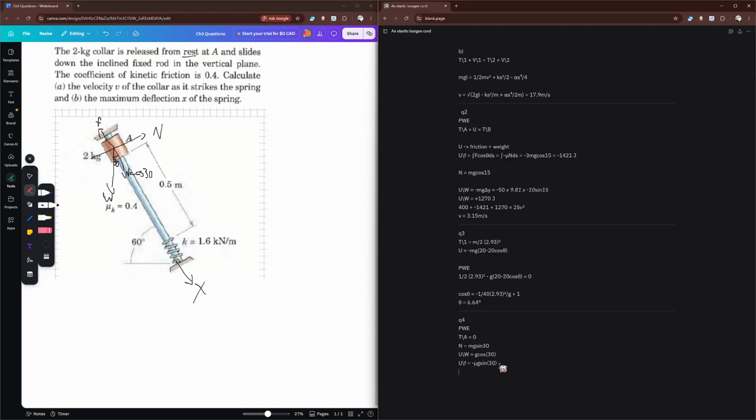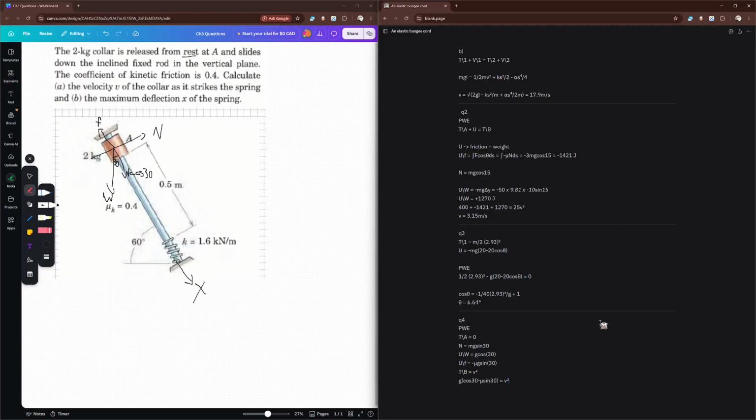And then now we need T at B, which is just half mv squared, and then we can get rid of the half m because m is 2, so it's just v squared. So putting this all together, we get g cosine 30 minus mu sine 30 equals v squared.